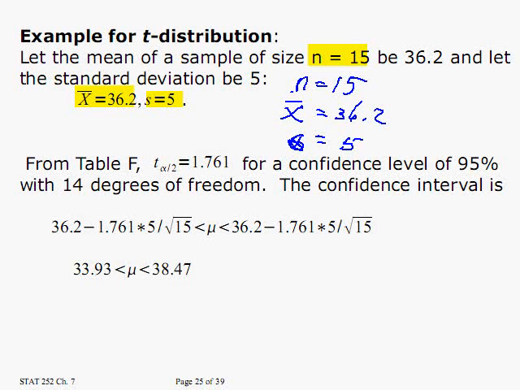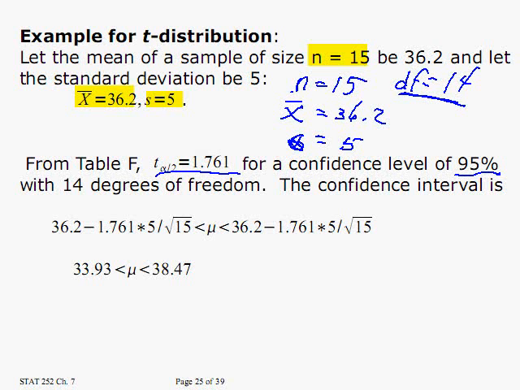Because N equals 15, the degrees of freedom are 14. So you go to Table F, which is in Appendix C in the book, or it's also reprinted on the last page of the textbook. You look up 14, look at the confidence interval for 95%, find the degrees of freedom of 14, and you find a t alpha value of 1.761.